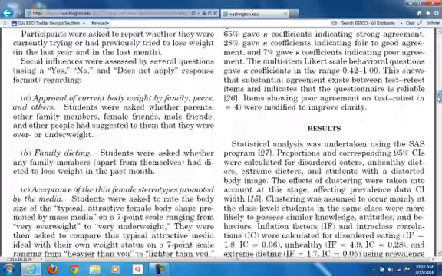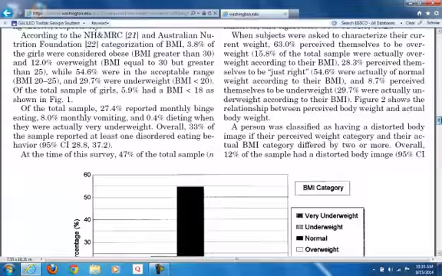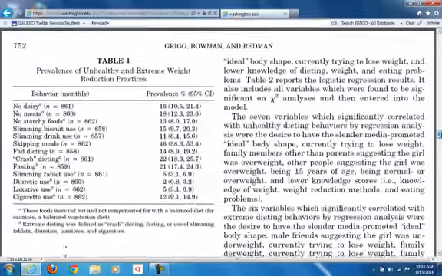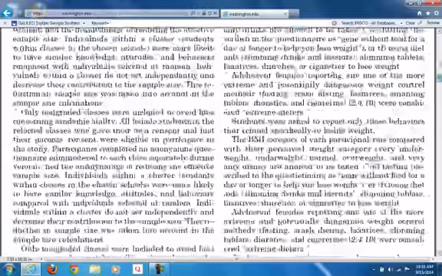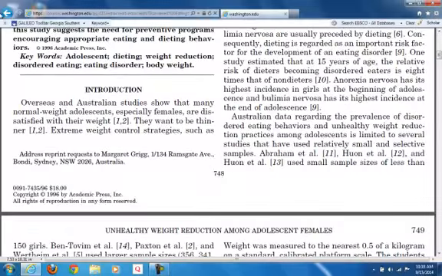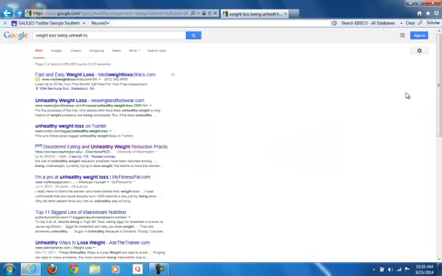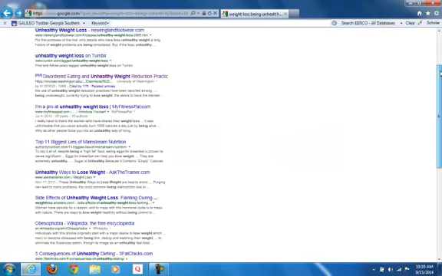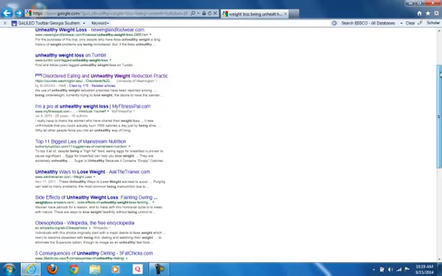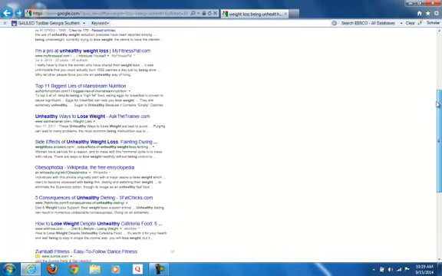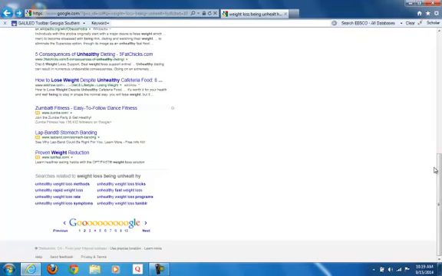I mean, I might use something like this. It talks about females and losing weight, and that would be another good scholarly source, if I need it. And I would write down, take notes, and put it on Word.